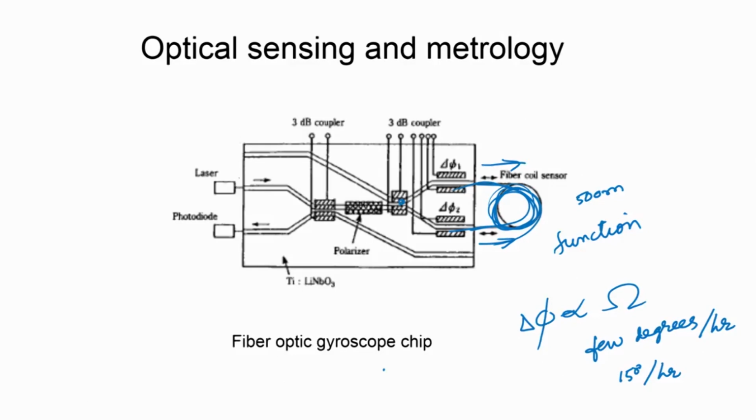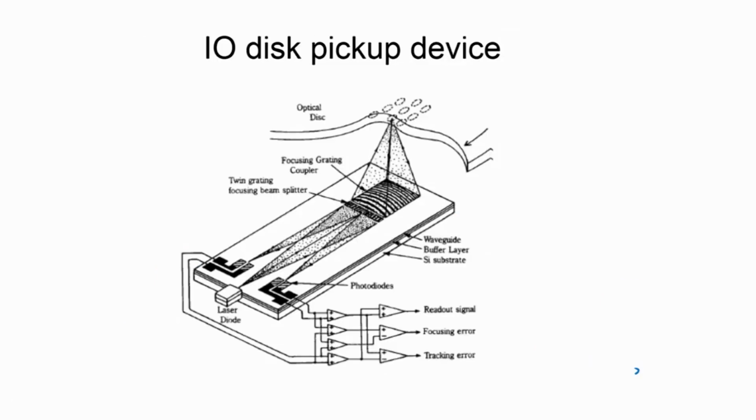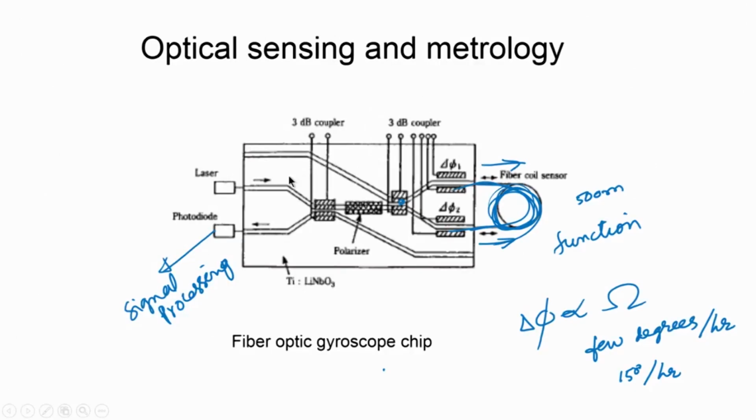So, you observe the integrated optical chip on lithium niobate, and you have a laser diode to launch the light into the coil and a photodetector to receive the signal, and a lot of electrical signal processing will be done after this to analyze the signal and extract the information obtained from the gyroscope.